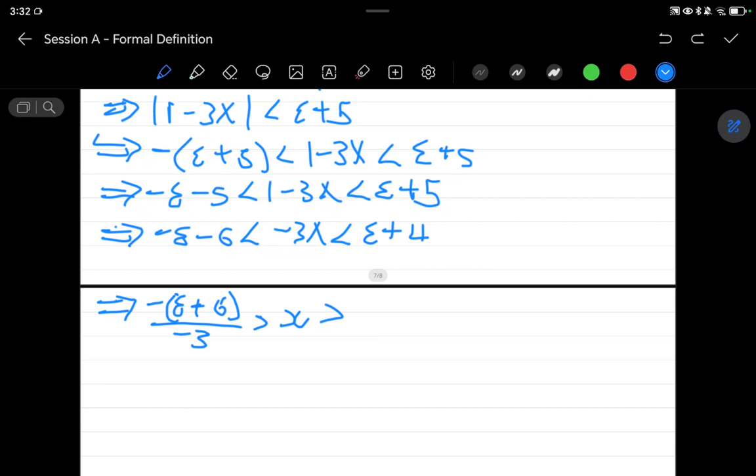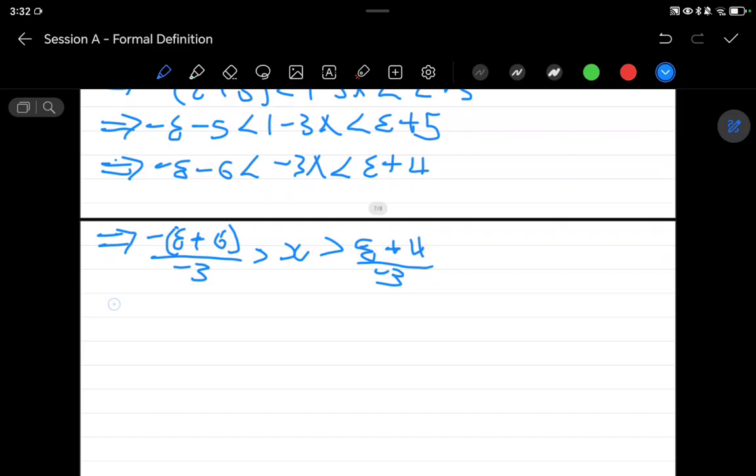Then I can rearrange this and start with it because the signs are facing the other side. So I'll have epsilon plus 4 all over minus 3 less than x, less than epsilon plus 6 all over 3.